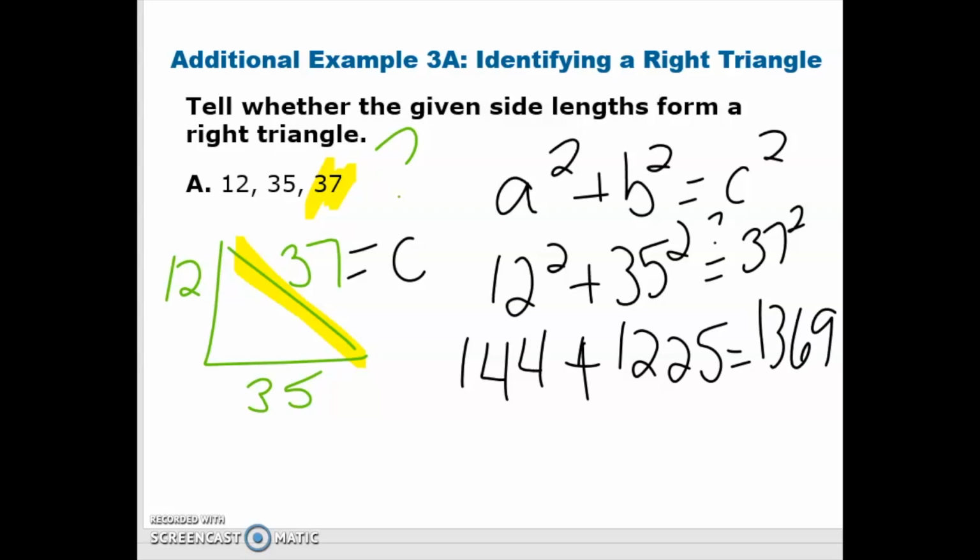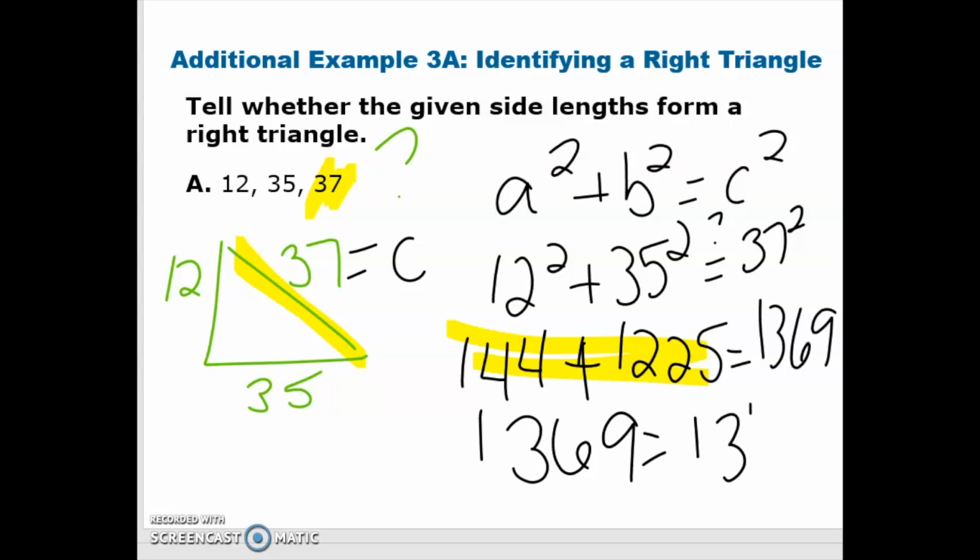So now I want to add 144 plus 1,225, and I get 1,369. And because both sides came out to be the same, we would say yes, this is definitely a right triangle.